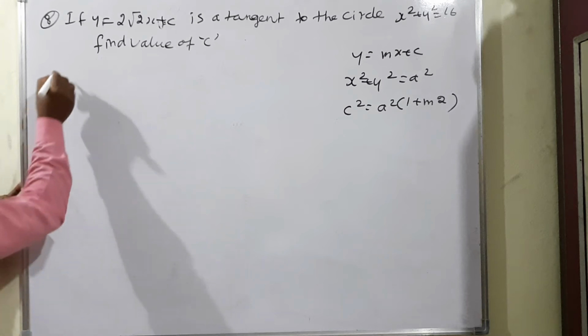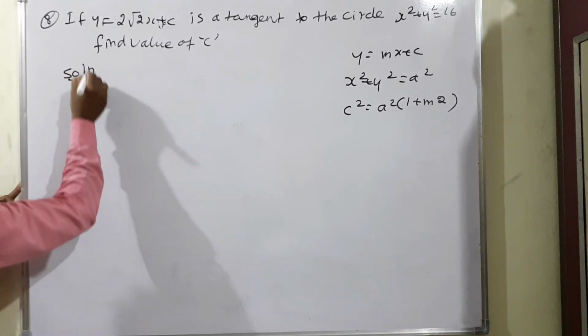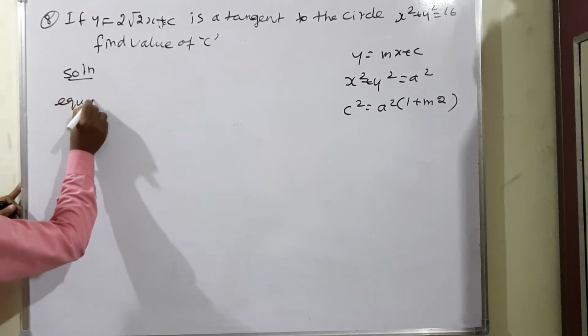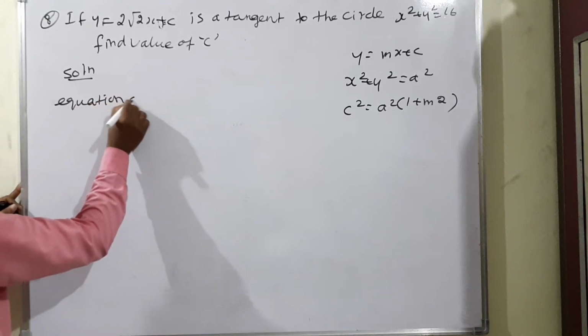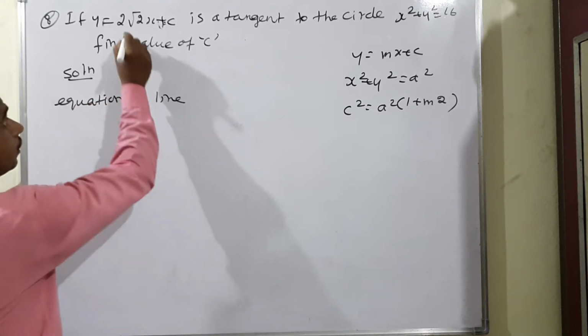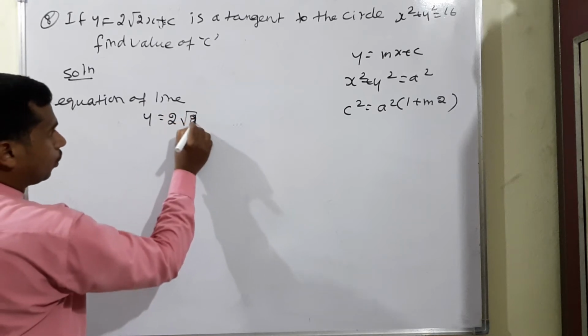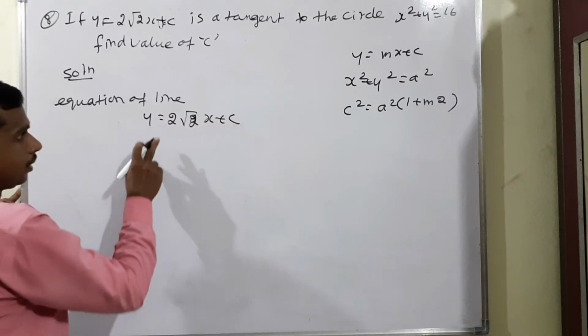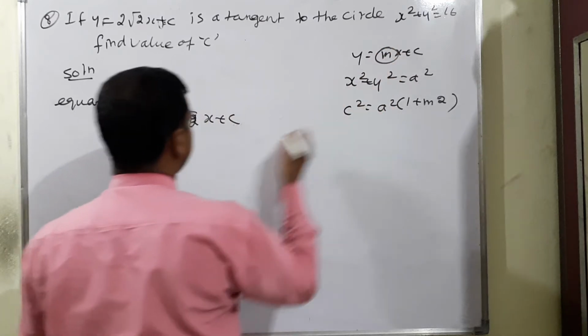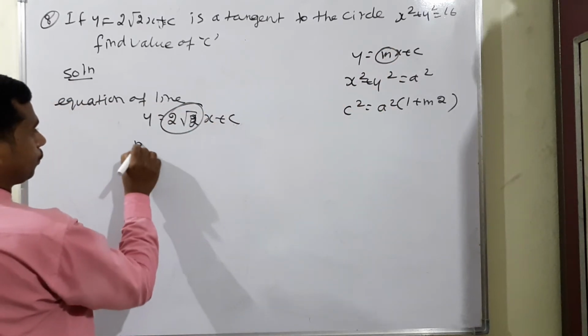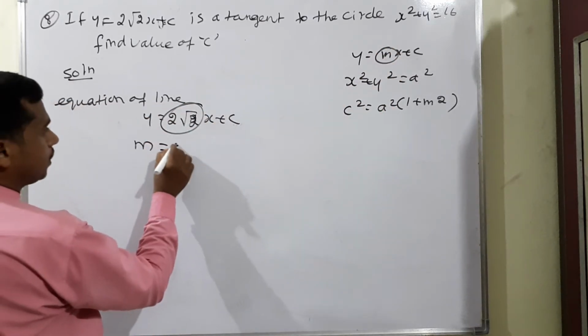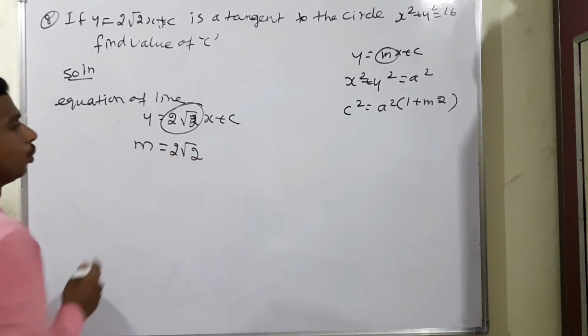So, now the solution. The given equation of line is y is equal to 2 root 2 x plus c. This is considered for m, so m is equal to 2 root 2. From the given equation of line, m is equal to 2 root 2.